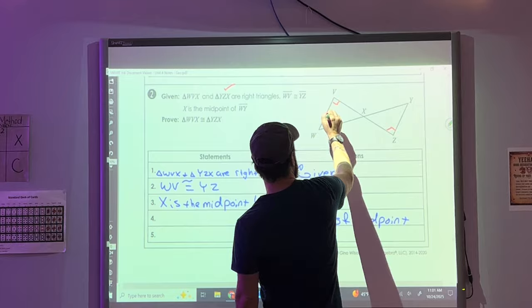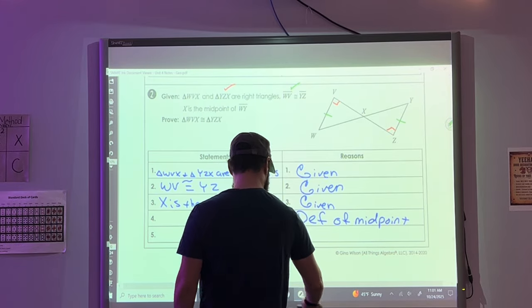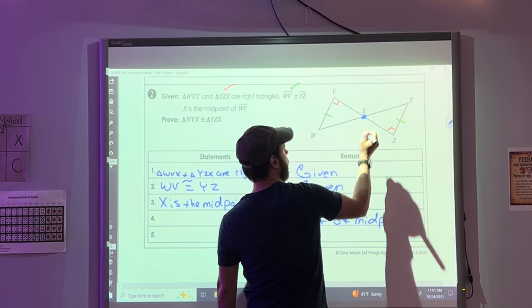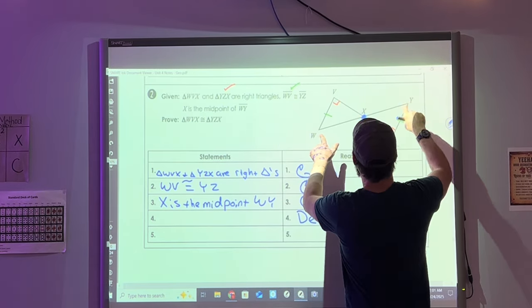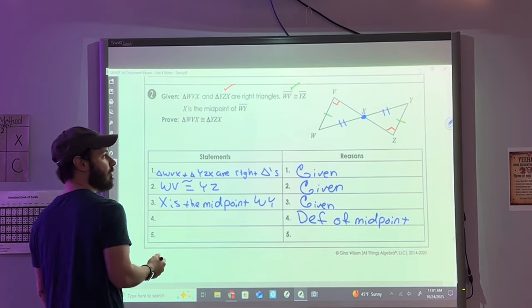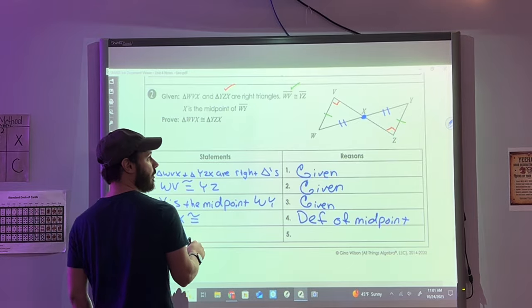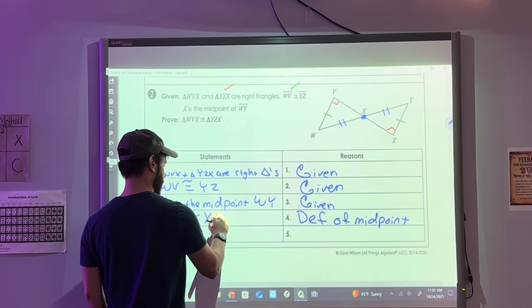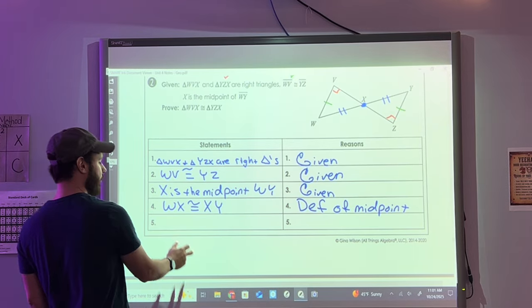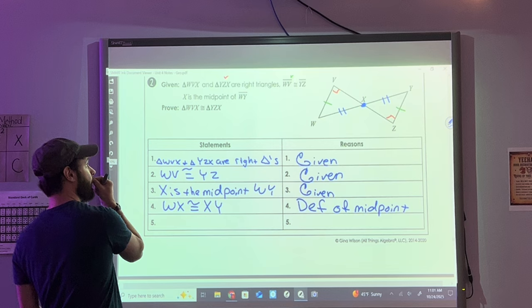WV matches this one. And now X is the midpoint of WY. So this piece matches that piece. That's my statement, that WX is congruent to XY. And it looks like I forgot to put the thing that I'm trying to prove at the bottom. It's almost like I've done about 40 of these today.